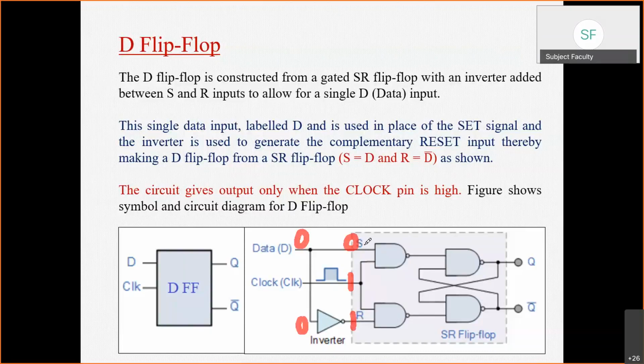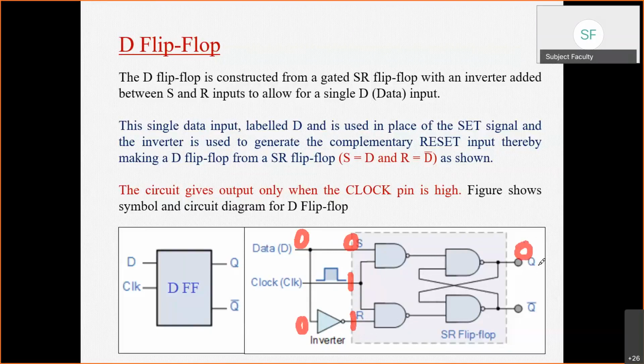Okay. So the value of set will be equal to the data input, but the value of the reset terminal will be the complement of the data input. Now this is nothing but an SR flip-flop only, and you can clearly say that it is the reset condition. Why? Because the reset terminal is high. When the reset terminal is high, we have seen in the truth table of SR flip-flop, its output will be equal to 0.